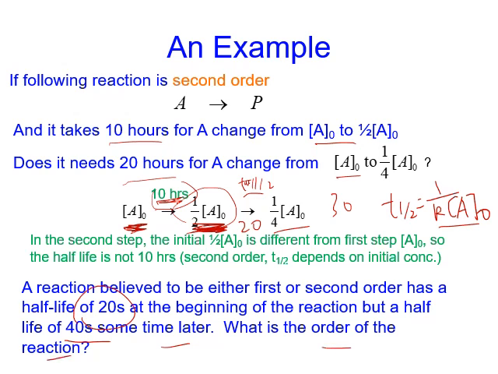Apparently it cannot be first order, because if it's first order, then it doesn't change when you change concentration. If you measure a 20 second half-life at the very beginning, then later it should still be 20 seconds. The fact that it changes says that it cannot be first order. So it has to be second order.